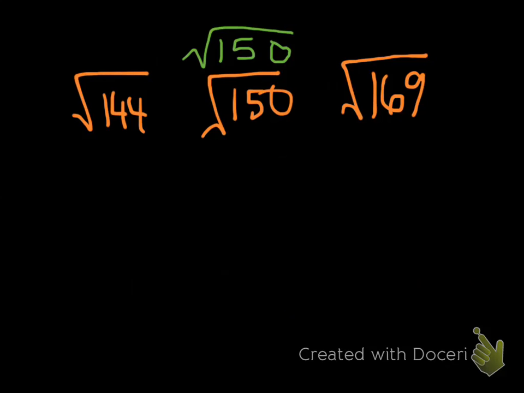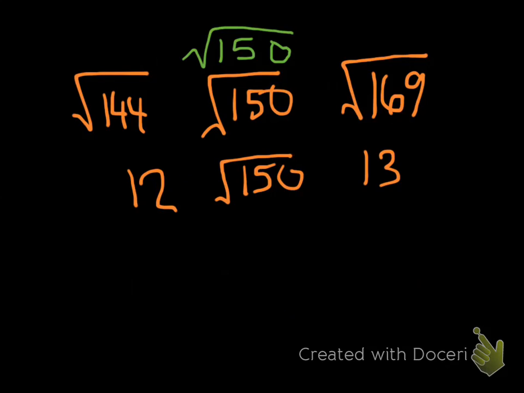Square root of 144 is 12. The square root of 150 is still yet to be determined. And the square root of 169 is 13. So 12 is less than square root of 150, which is less than 13. So the square root of 150 will be between 12 and 13.